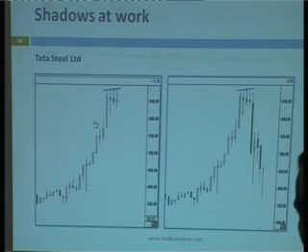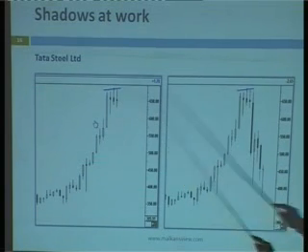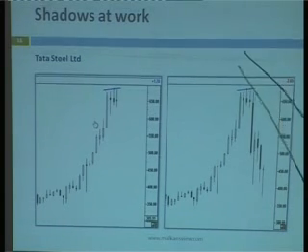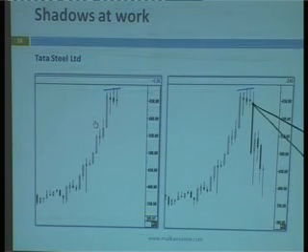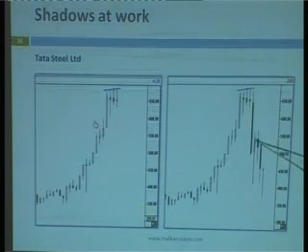Clear? Anybody not getting this? I shorted as soon as it broke the low, on a 15-minute chart. Stop loss will be the high, of course. Right, that's clear. Now this goes perpendicular, so I don't have any problem. This goes sharp like this.